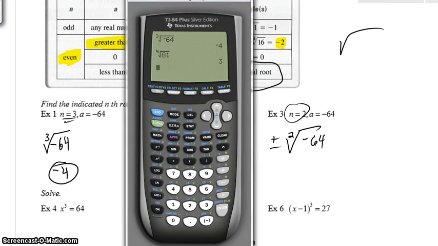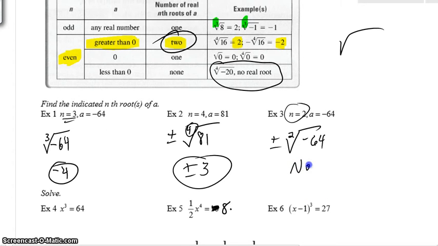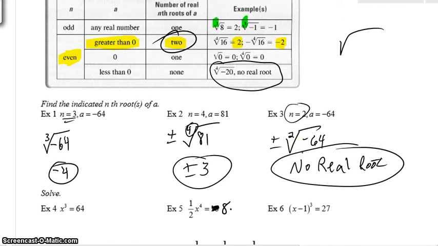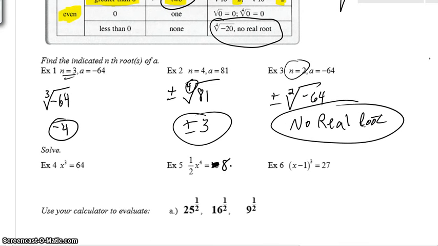Well, the square root button actually is kitty corner to the 7 on a diagonal. When you hit second and then hit the squared button, you get that. If we type in negative 64, real quickly, you'd see that you get an error. And this means that there's no real root. You're not going to have even roots of negative numbers. So your calculator reminds you of all that information.